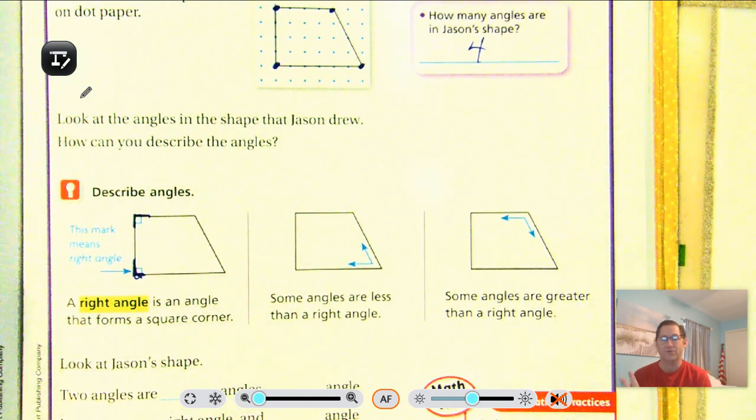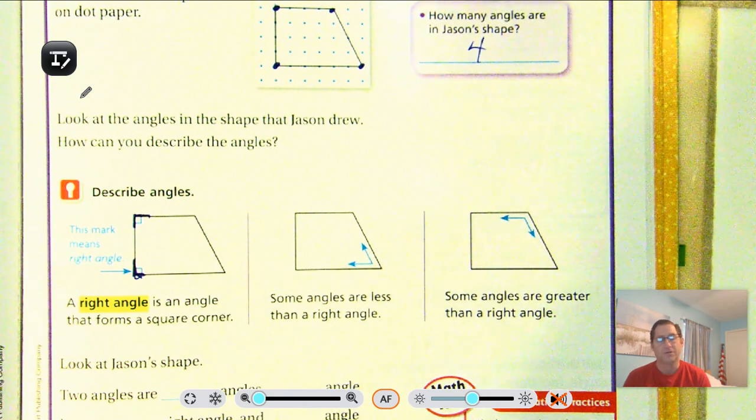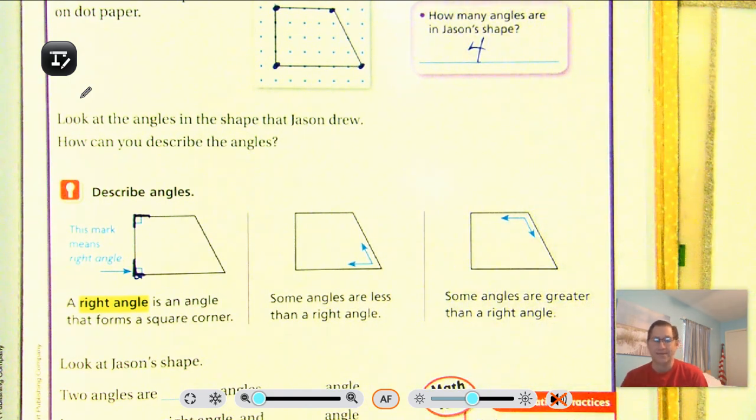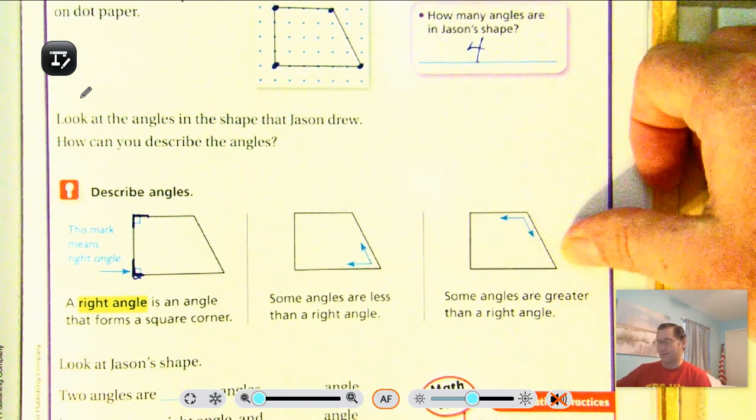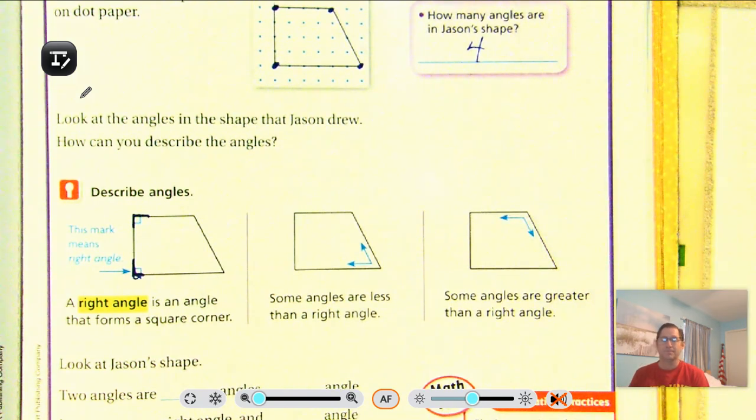The measure of their angle is less than a right angle. And just for general terms, a right angle measures 90 degrees. Okay, so an angle that is less than a right angle would be anything less than 90 degrees, but greater than 0. And then we have some angles that are greater than a right angle.